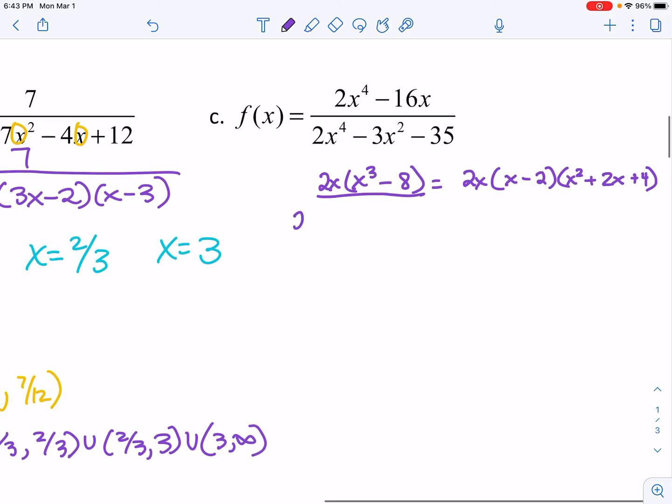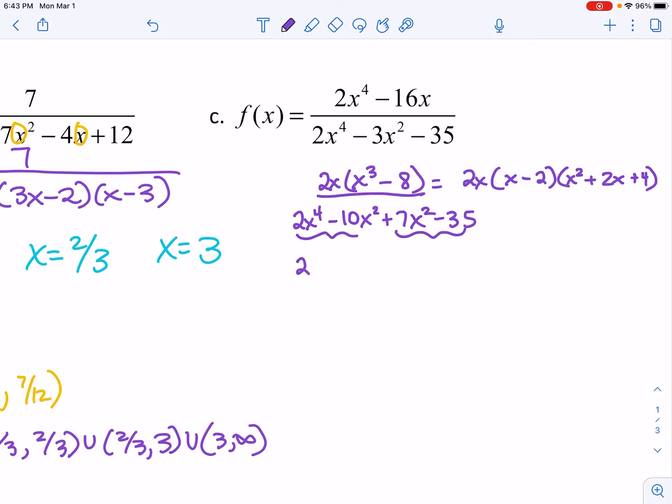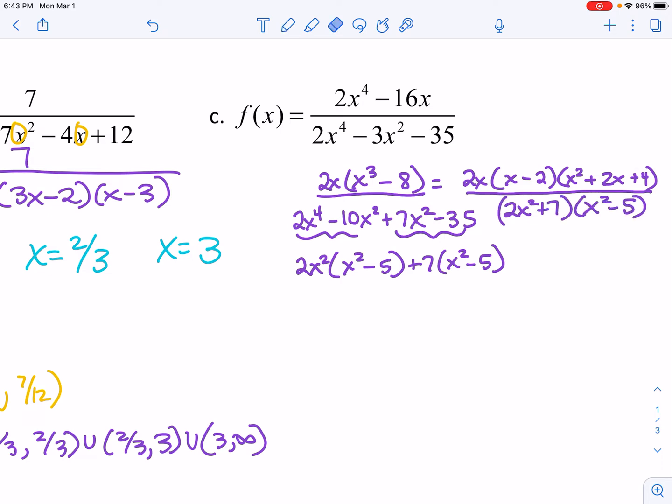So I'm going to rewrite this as 2x to the 4th minus 10x squared plus 7x squared minus 35. Factor by grouping, that's going to give me 2x squared, leaving me with x squared minus 5, and then I'm going to take out the plus 7, leaving me with x squared minus 5. So that means I get 2x squared plus 7 times x squared minus 5. Neither one of those can be factored any further.